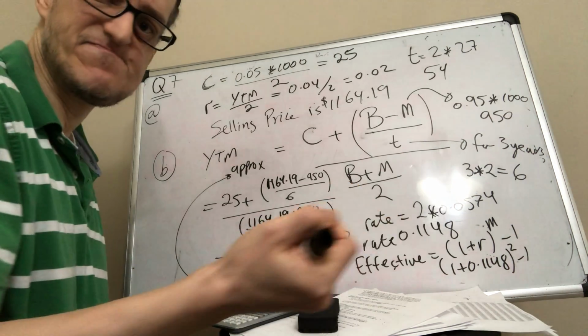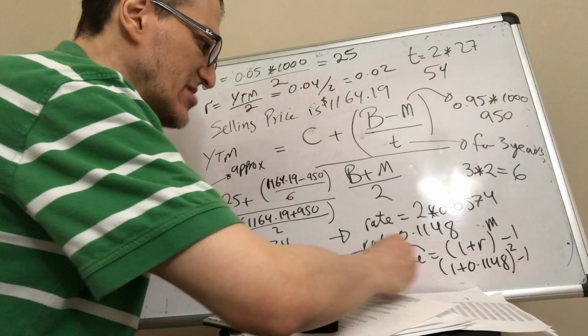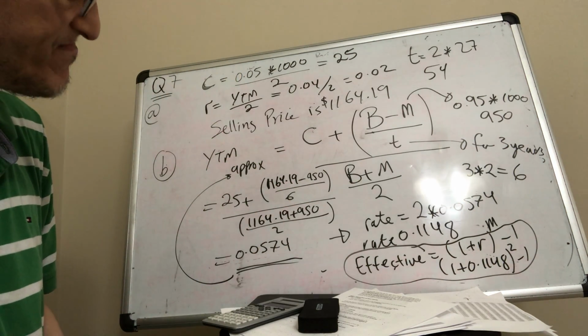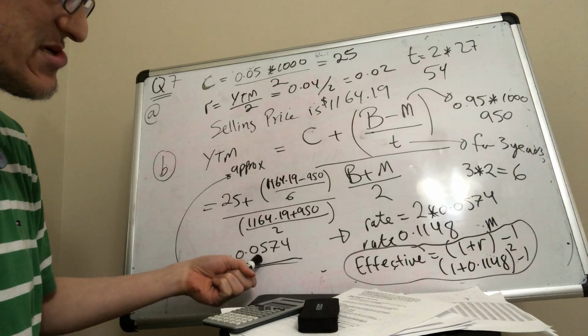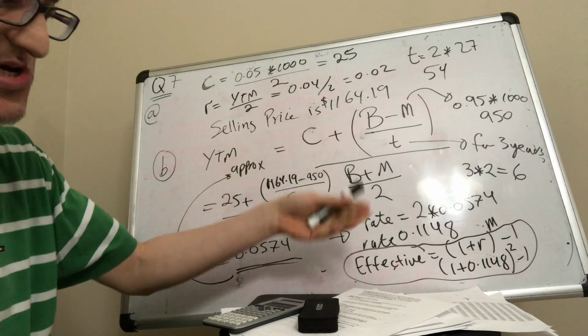I don't have the formula sheet handy, so I'll figure out what the formula for this is, but basically in the exam they'll ask you for this, and you double it to get the rate. The effective rate is one extra step.